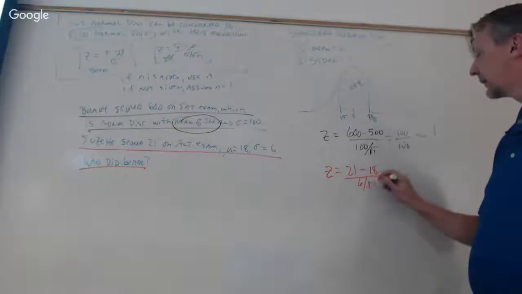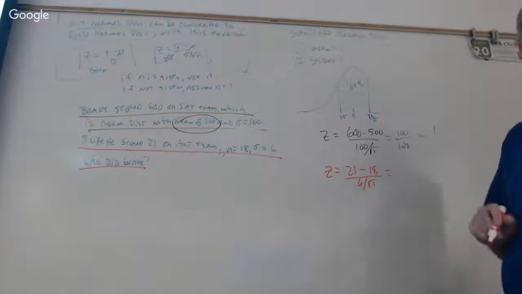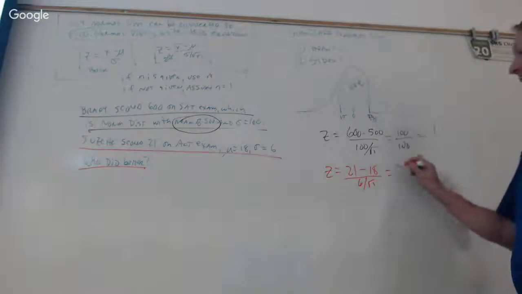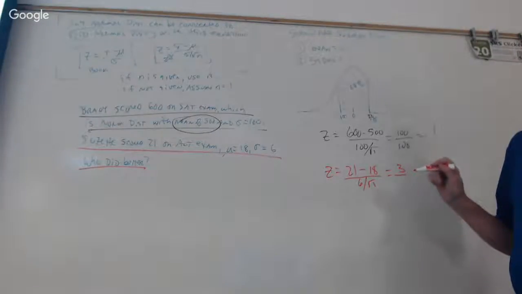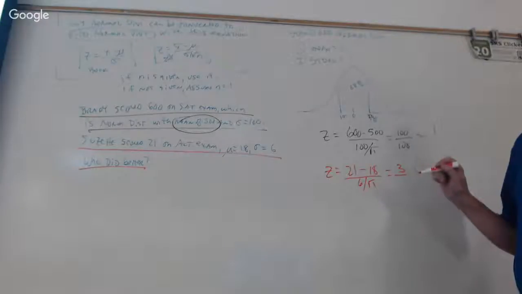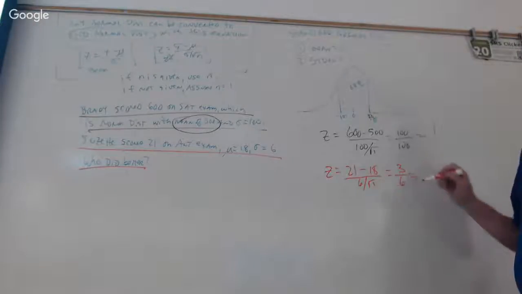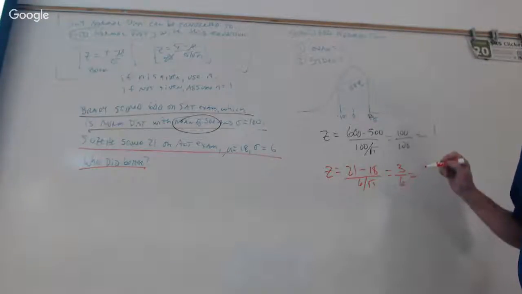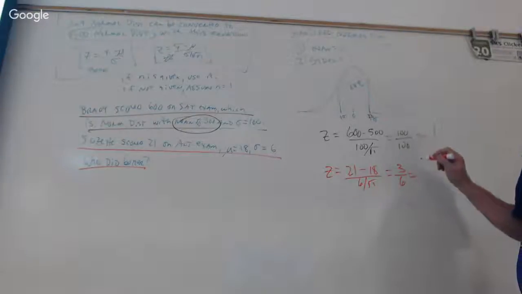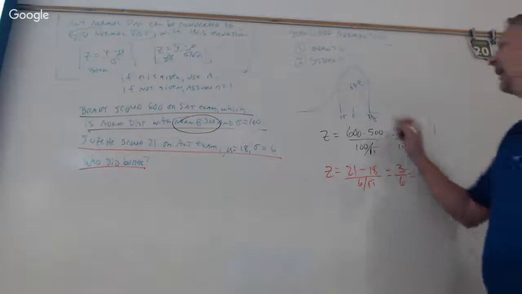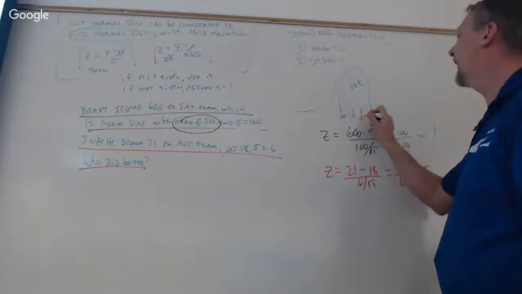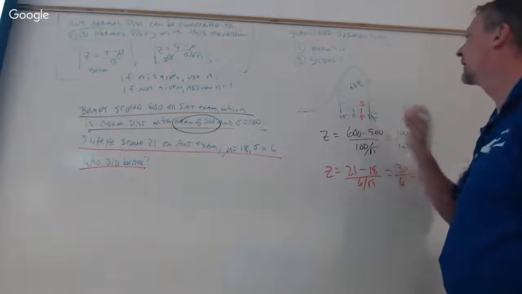Only one. 21 minus 18 is 3, divided by 6 equals what? 3 divided by 6 is 0.5. So Suzette, you're 0.5 standard deviations away.